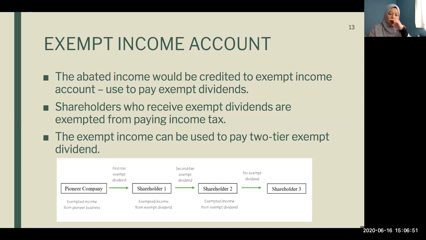So for example, if the company has exempt account, the company can actually pay two types of dividend. One is the normal dividend under the profit, retained earnings, all that. Remember, you pay out your dividend from your retained earnings. So that is taxable at 24%. So the company will have to pay out dividend minus tax 24%. But if the company is under any tax incentive, they may have an exempt income account.